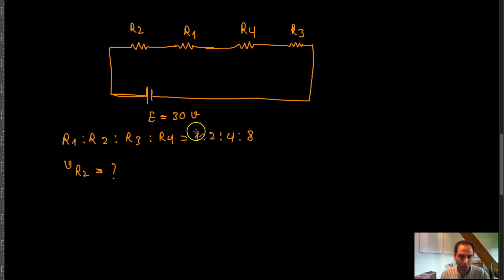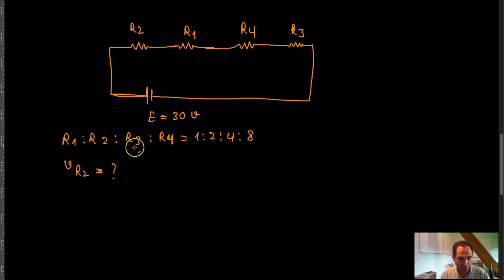Meaning that what you can do is add all of these numbers together, which, of course, are ratios, not the value of resistance.